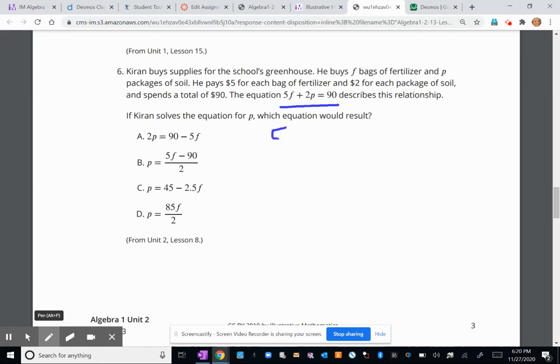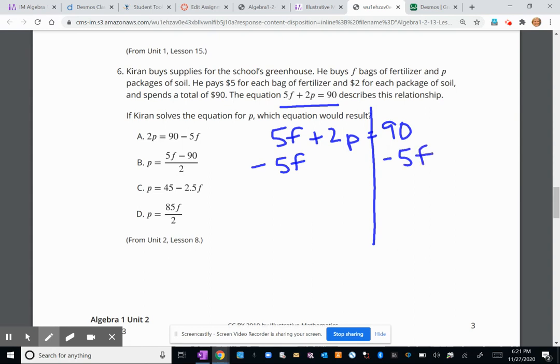So he starts with 5F plus 2P equals 90. And if he's going to solve it for P, need to start by subtracting the 5F. Okay.